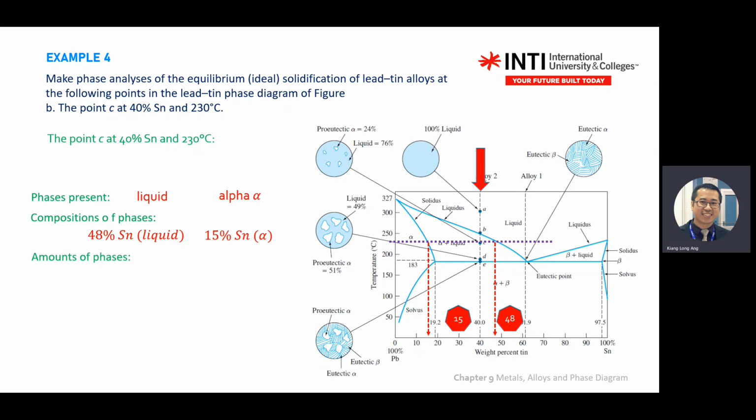Amount of phase, how much do you have? You take 40. Do you see this line? This is your tie line. But you drop from what temperature? Point C. Point C is in the middle.